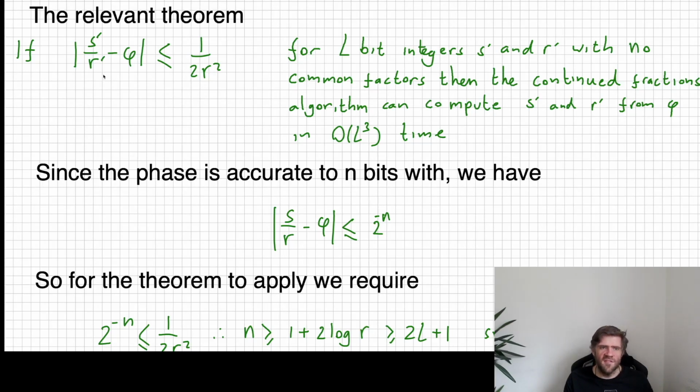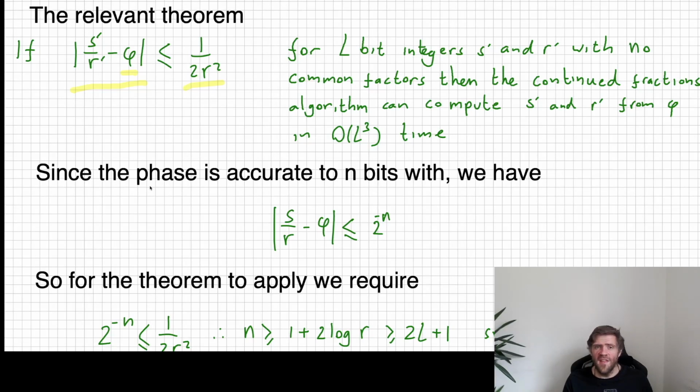This tells us that if we have some approximation of a fraction, s prime over r prime, as long as that approximation is sufficiently close to the fraction, which is what this side tells us, then the continued fraction algorithm can compute s prime and r prime from phi in polynomial time, which is nice. So why am I using s prime and r prime here instead of s and r as I have before?